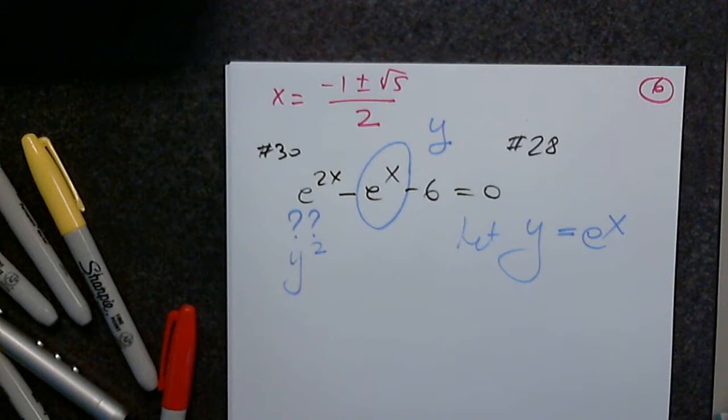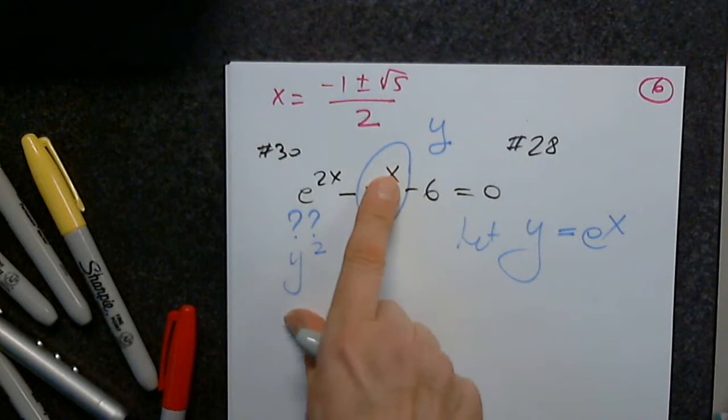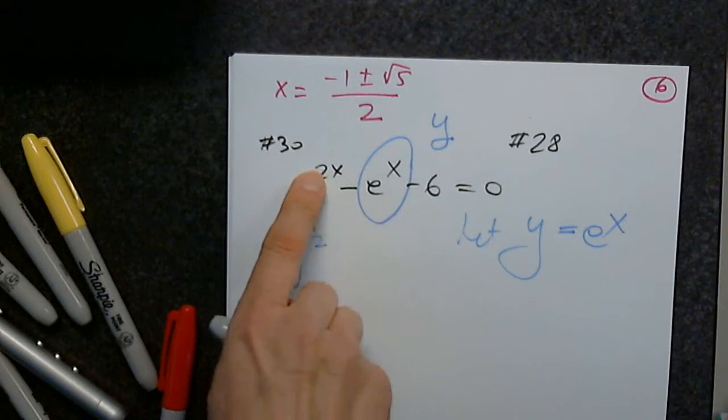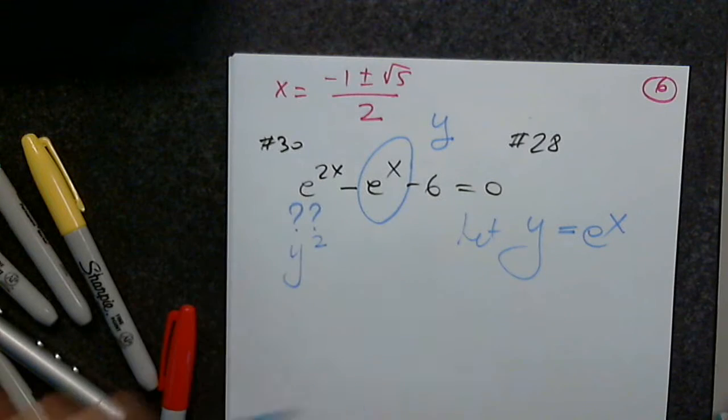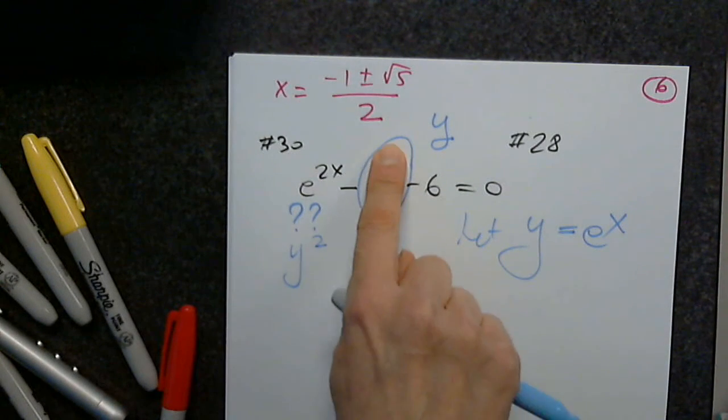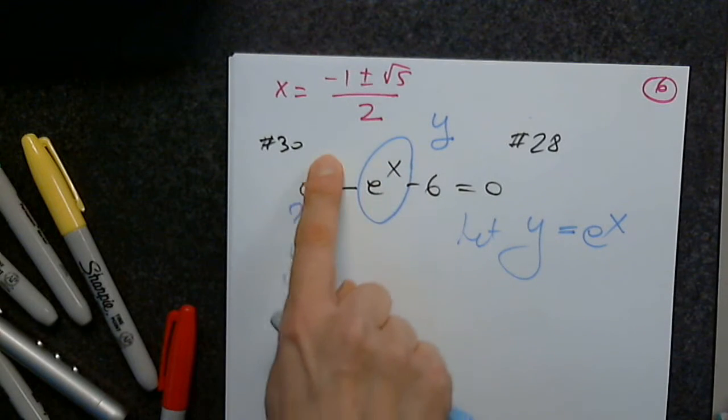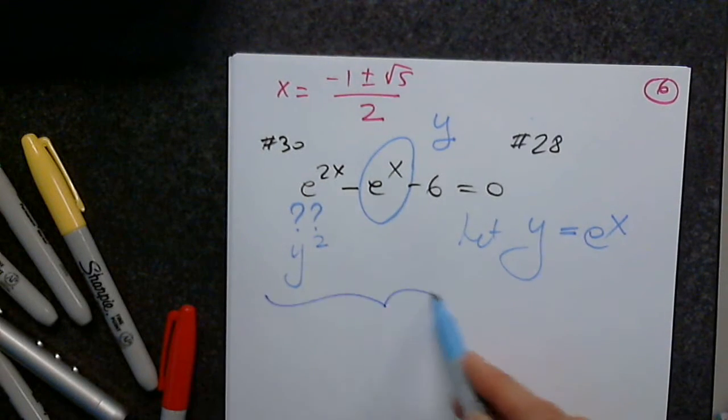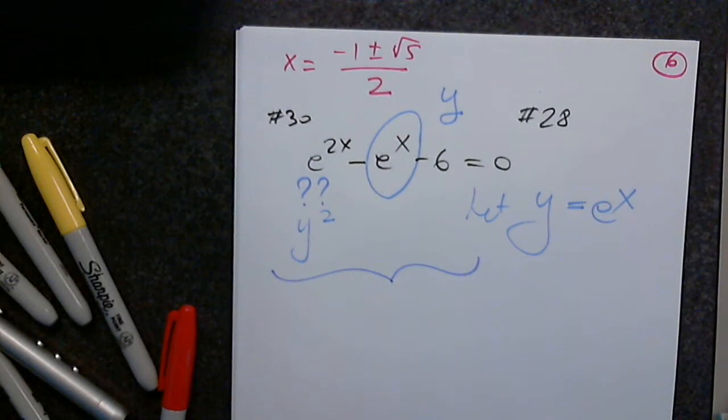Otherwise I cannot say it's quadratic in form. So if I square this, do I get this? Yes. Then it's quadratic in form, and I am on the right track.